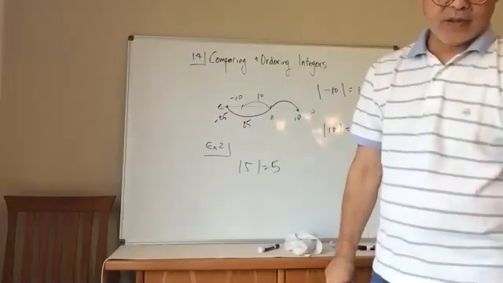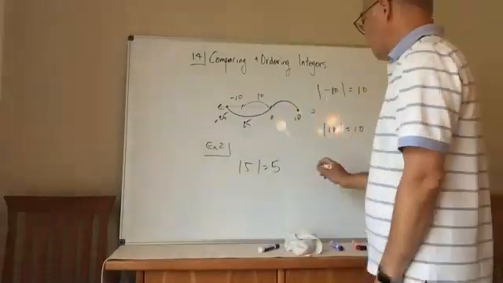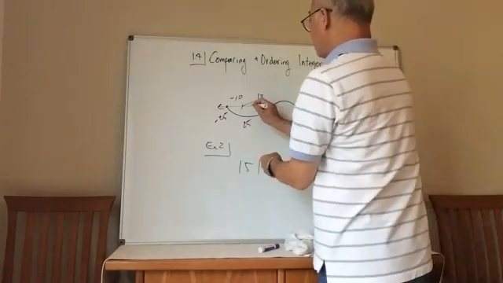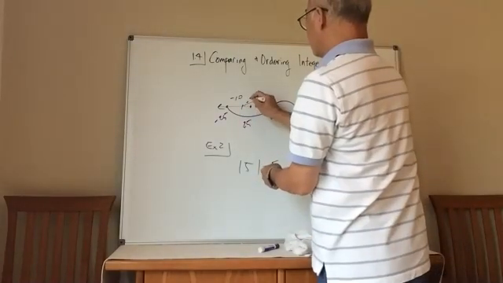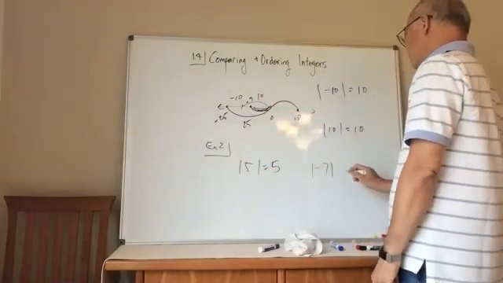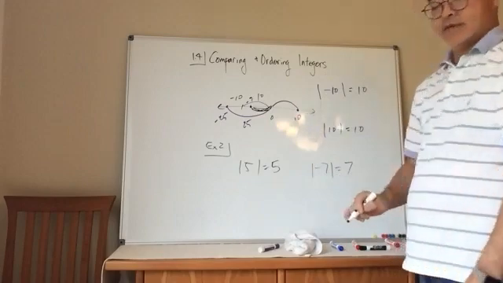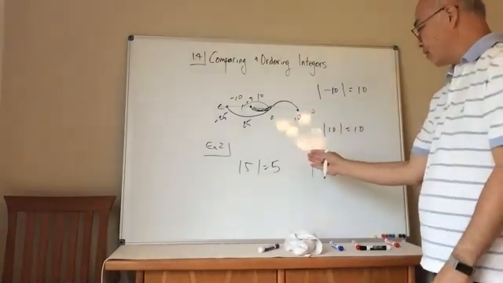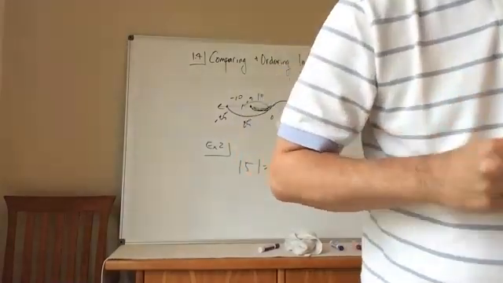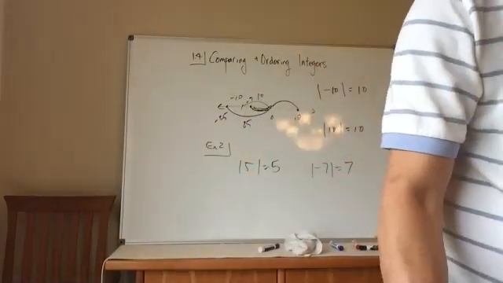Okay. The next one is the absolute value of negative 7. So from negative 7 to 0, the distance is going to be 7, right? Again, I just got rid of the negative. All I have left is the 7. That's how the absolute value works. Okay.